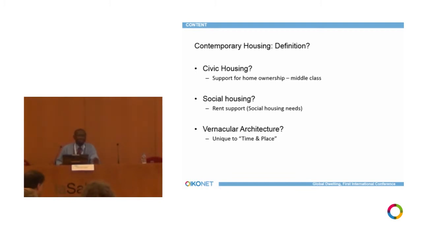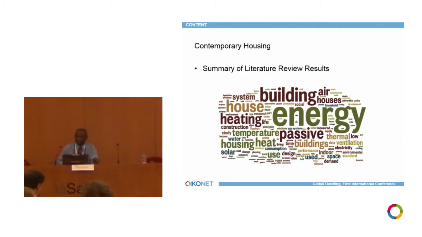And this is a snapshot of the result of the literature review, which is basically telling us that one of the most important issues in contemporary housing today in Europe is the energy performance of the houses. Obviously, there are some other issues, like you can see, the air quality, the heating, and others, which are very important.